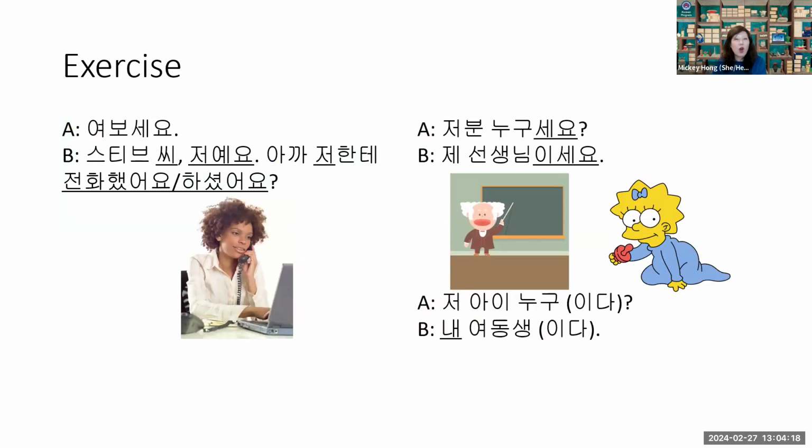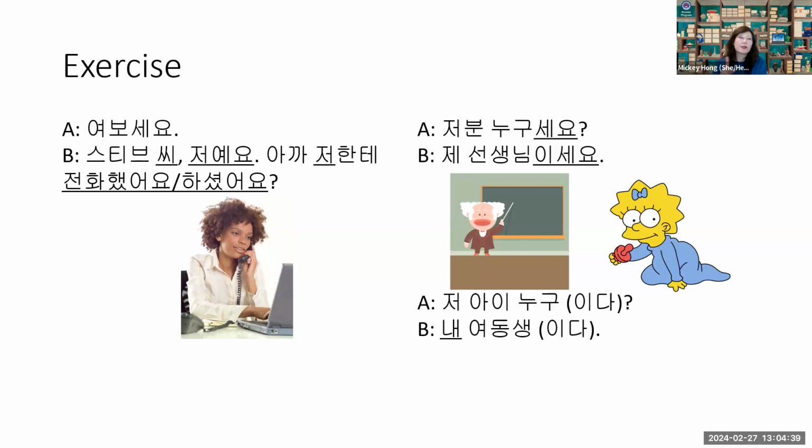When you're on a formal business call with somebody, 여보세요. When you're calling somebody at a company, you always say 여보세요, because unless you know that person, you don't know who's going to pick up the call. Steve 씨, 저예요. It's me.